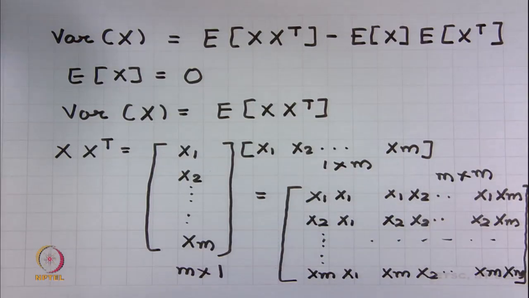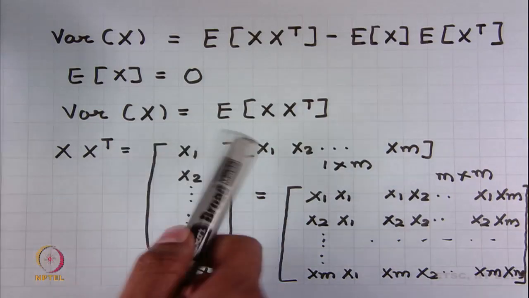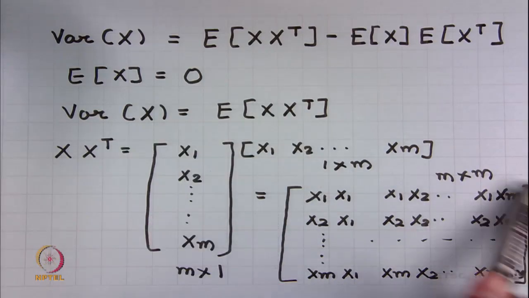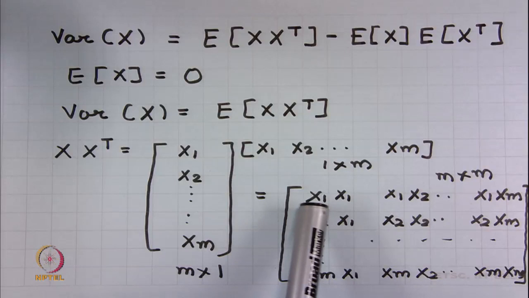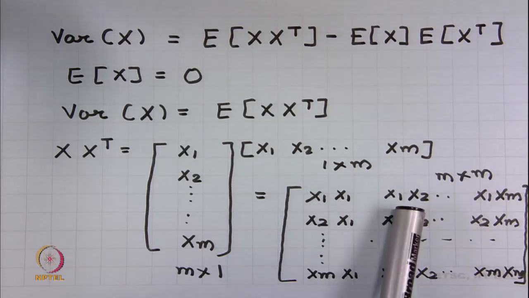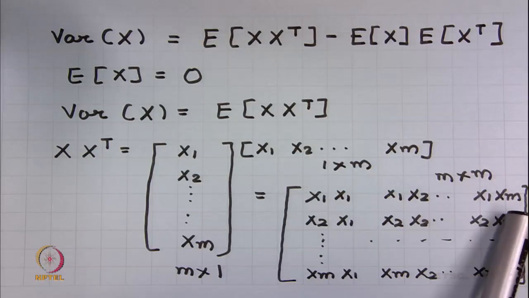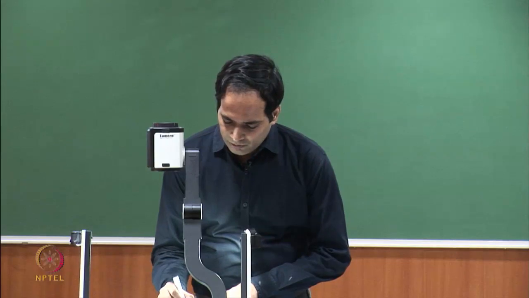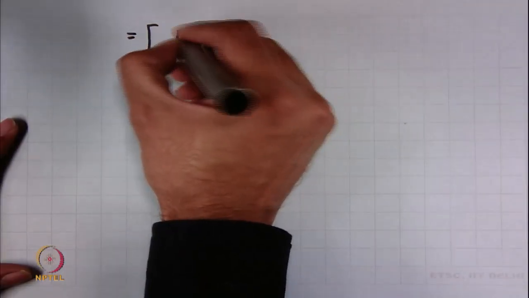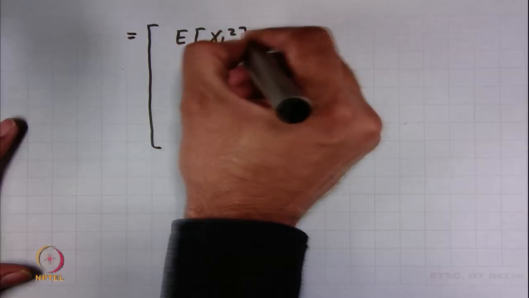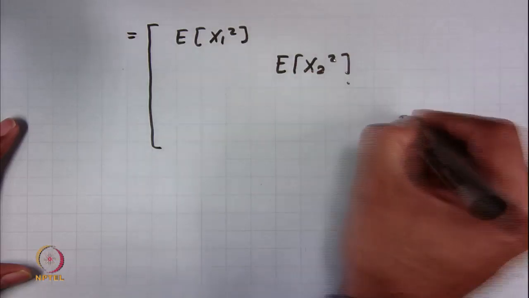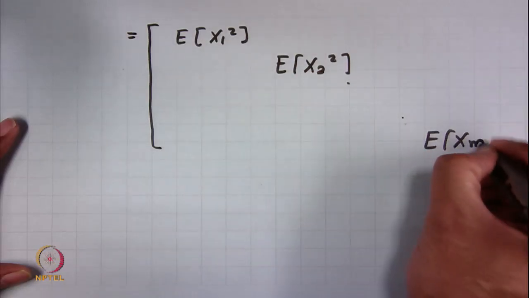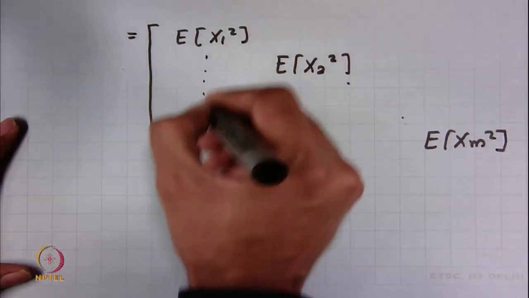Okay. Now, what we have to do is take the expected value of this matrix, and we can do this by pulling the expectation operator inside the matrix and calculating the expectation term wise. Okay. So, let us see what we end up with. We will get expected value of x1 square, expected value of x2 square, and so on and so forth, expected value of xm square, and you can fill in all these values.